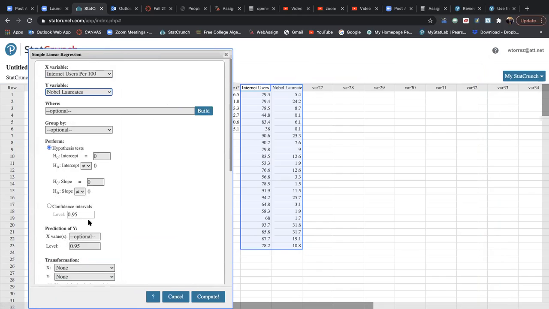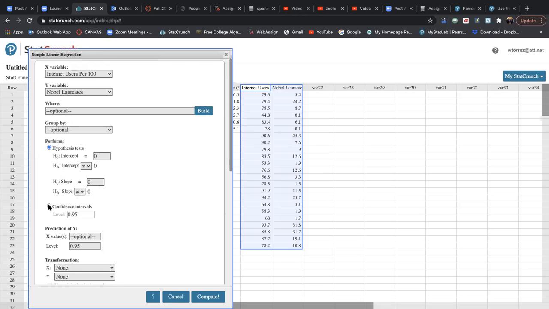And then we'll look at, we won't look at the confidence intervals here, okay? Here we have the intercept and slope. We didn't study this in class, so we won't choose these, all right? And we'll go ahead and compute.